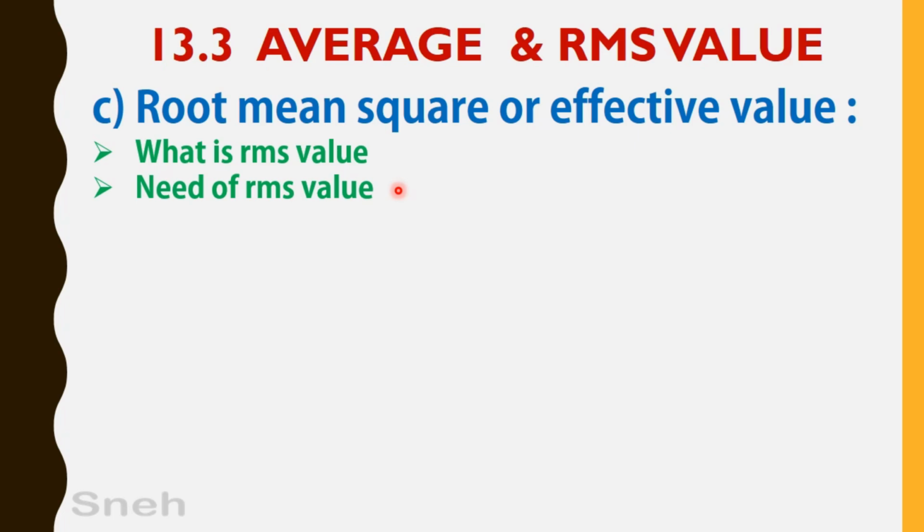Now as the average over a complete cycle is 0, it is required to use another technique to measure the value of EMF or current, and for that purpose we require the RMS value. And from where this RMS value comes, we'll discuss in brief here, and then we'll move on to exactly how we get that RMS value.